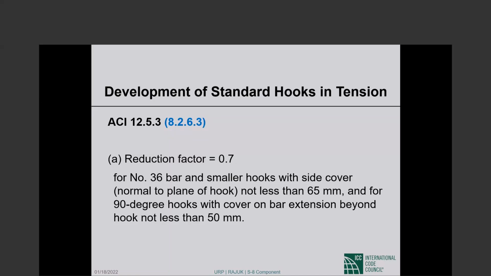So the front cover, if you like, I don't know if upon reading this makes sense. So the hooked bar has to be no more than number 36 millimeters in diameter. That's the first thing. So for 36 bar and smaller hooks with side cover not less than 65 millimeters, and for 90-degree hooks only with cover on bar extension beyond hook not more than 50 millimeters.